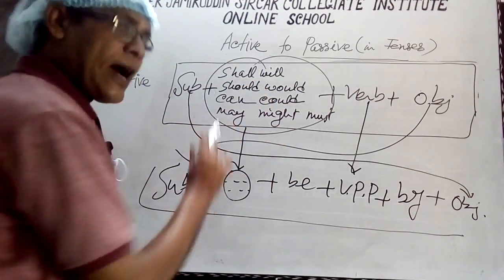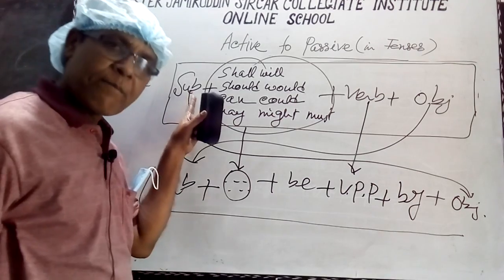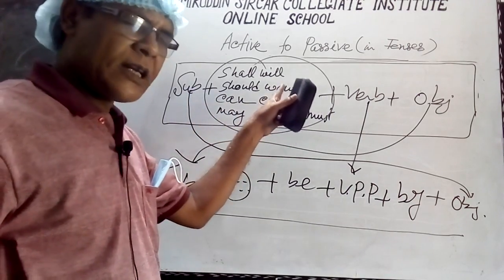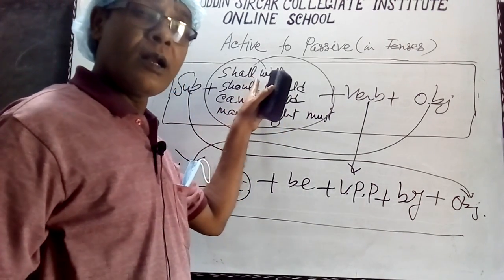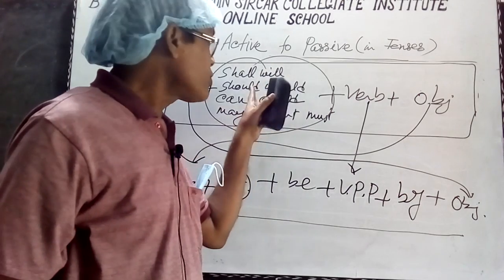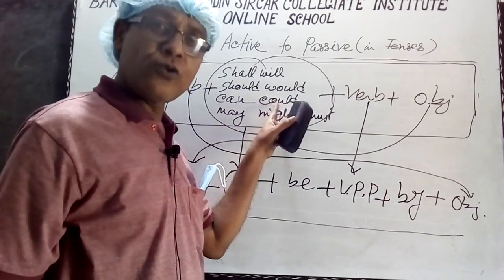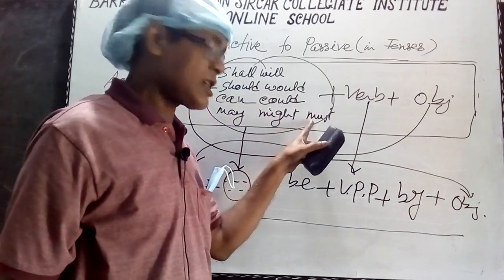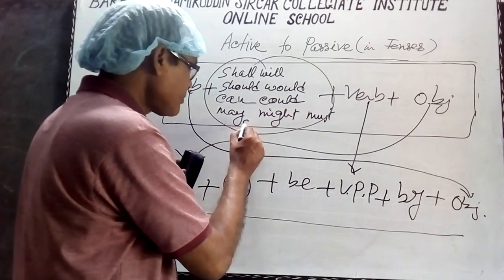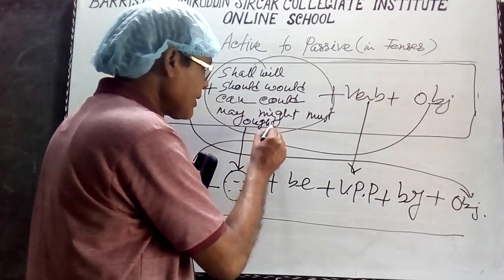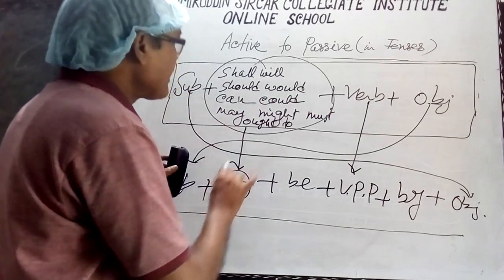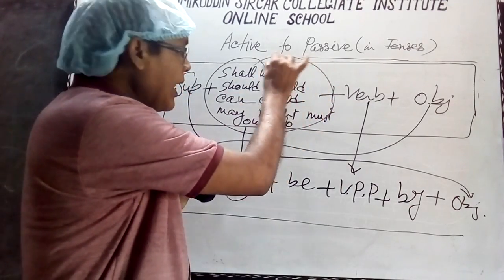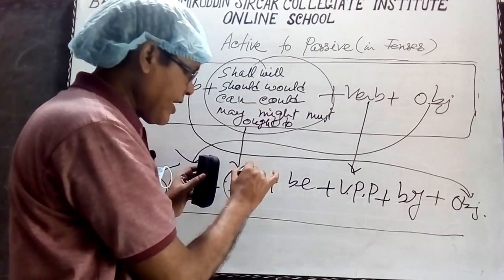So if I repeat, if it is in the active voice and there are shall, will, should, would, can, could, may, might, must, ought to, then the modal will be the same here.